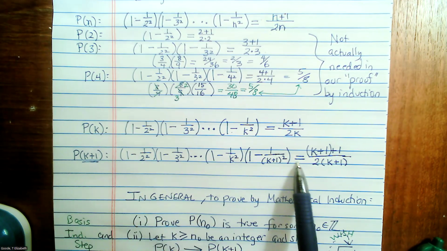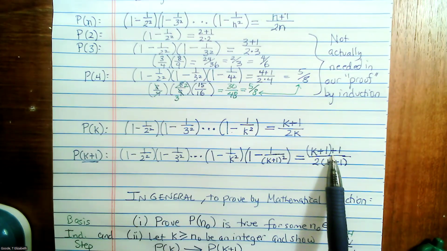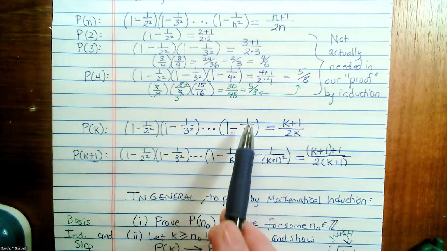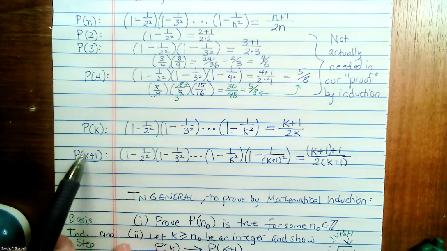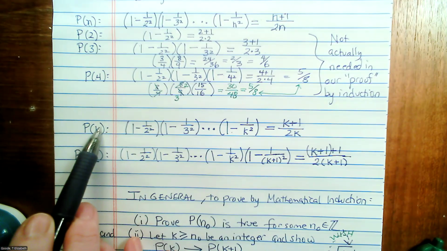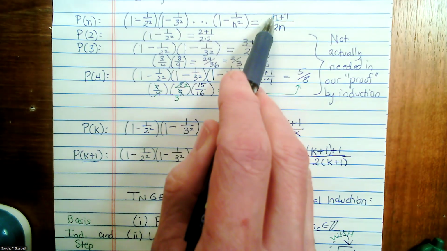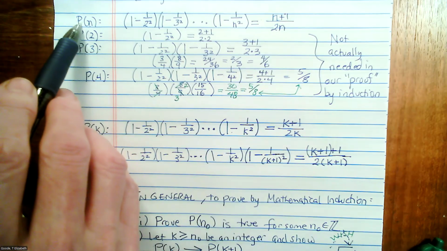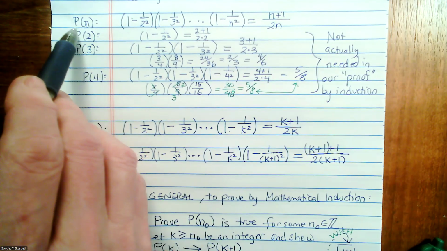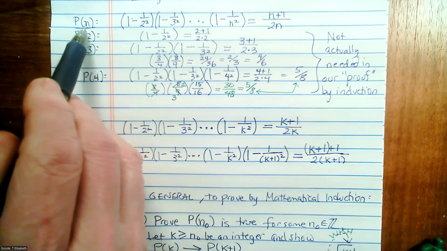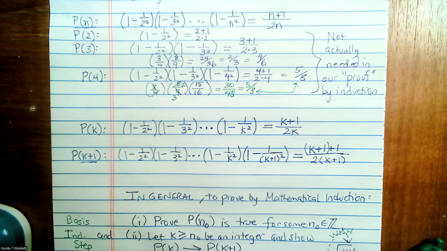Try writing it down with pencil and paper and get into the habit of just substituting in K or K plus 1 wherever there is an N in the original statement P of N. And they'll give you the original statement P of N at the top of every problem. So shall we go back now and look at the WebAssign?